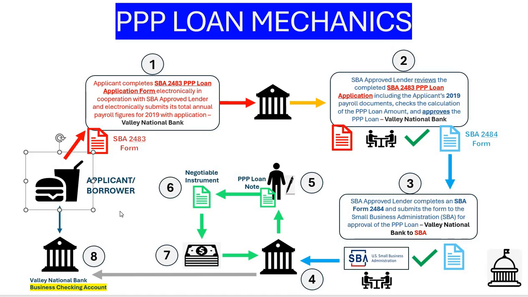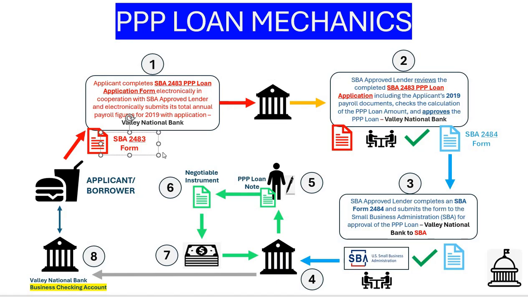The business itself, or its entity, if it is owned by a corporation, such as a C corporation, an S corporation, or an LLC, a limited liability company, is the applicant or borrower. The corporation applies with a bank or its lender for a PPP loan.